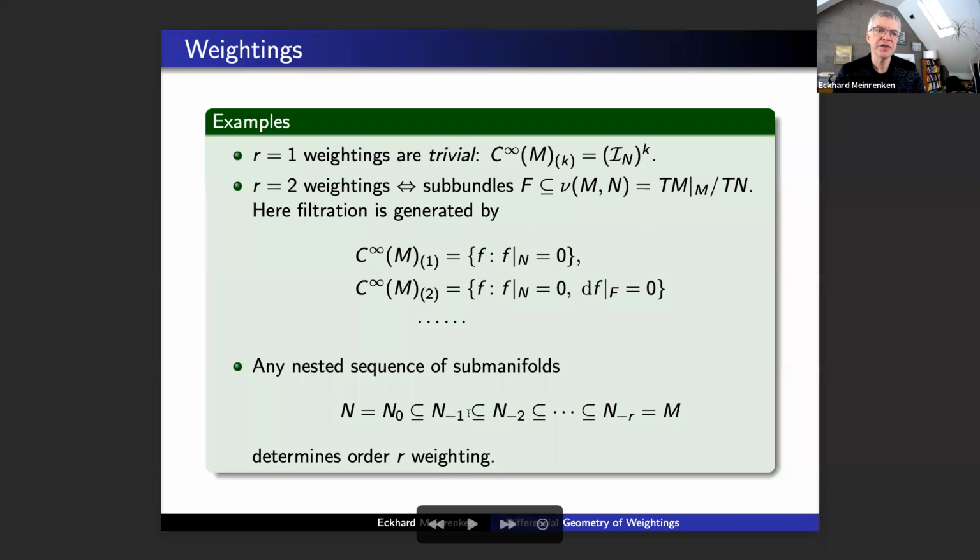Filtration degree 2 is whatever vanishes on N-1, together with all the products of things of filtration degree 1, so things that have to be there anyway, and so on. That's how it goes. So this is one way of describing a weighting of order R, but of course this is kind of inconvenient, and these choices of submanifolds are highly non-unique.